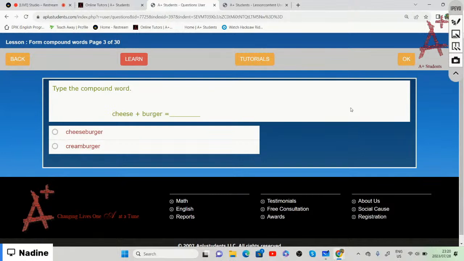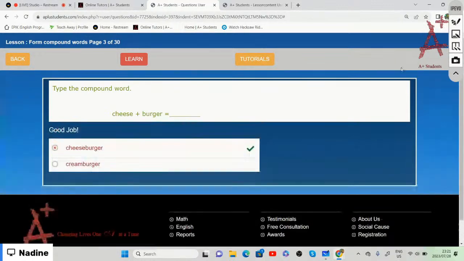We need to choose the correct compound word that was created by adding or combining the two small words, which is cheese plus burger. All right, so cheese plus burger, we can then say this equals cheeseburger. So if you have cheeseburger, then well done.